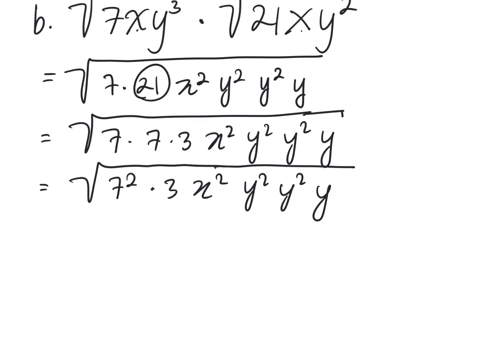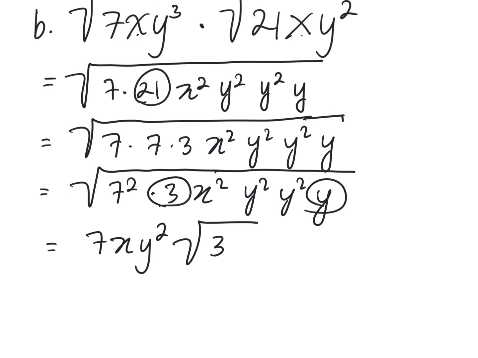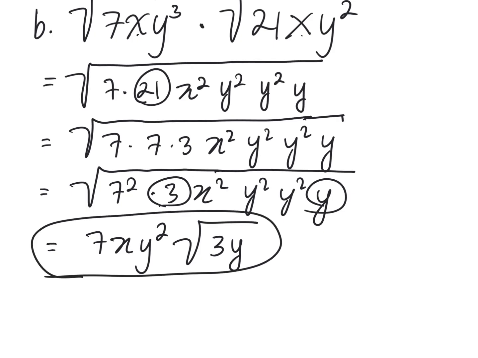So time to simplify. 7 squared is just 7, and then x squared is going to get out, y squared twice is going to give you y squared, and what is left is just 3 and y inside the radical sign, so 3y. With this in mind, this is now your final answer.